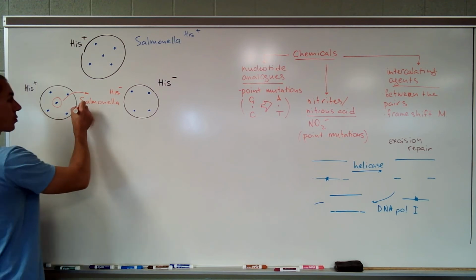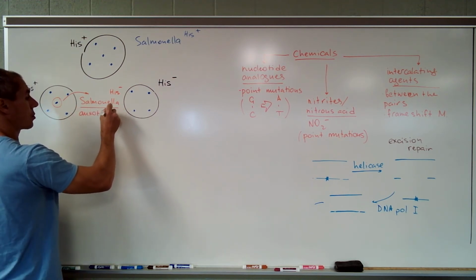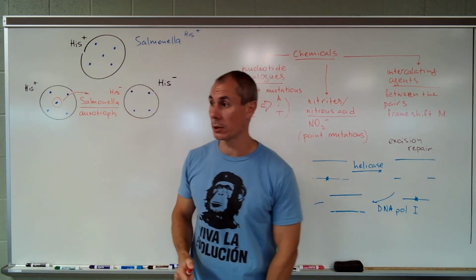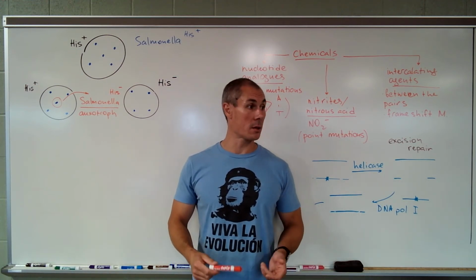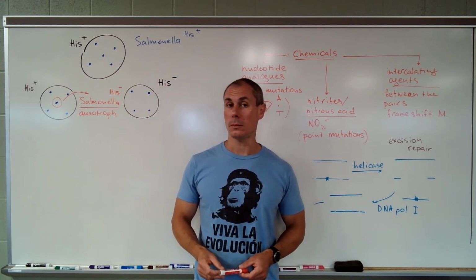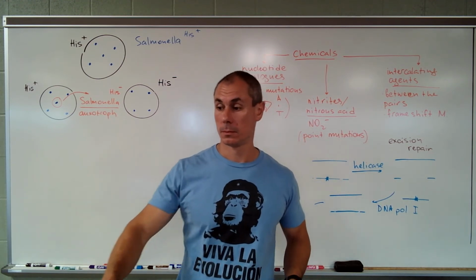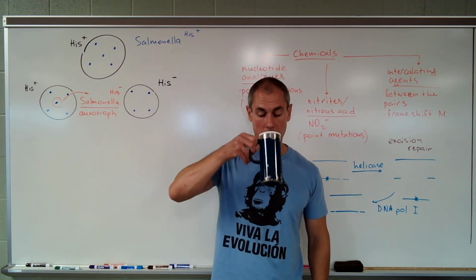This is called an auxotrophic mutant, or auxotroph. An auxotroph is an organism that cannot survive without a particular nutrient in the environment. Humans are ultimate auxotrophs. We can't survive without essential amino acids. Questions?